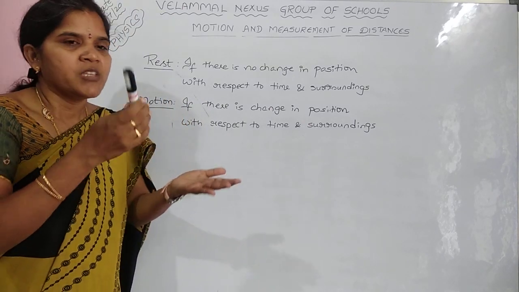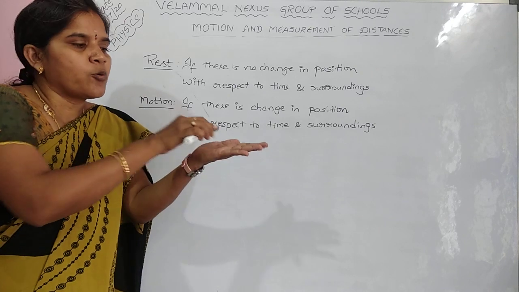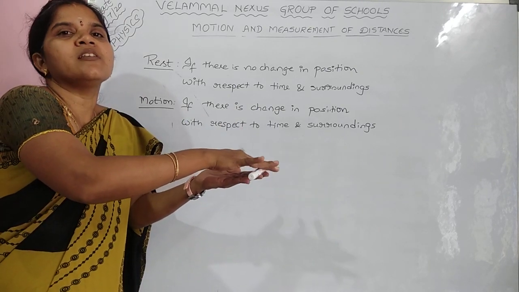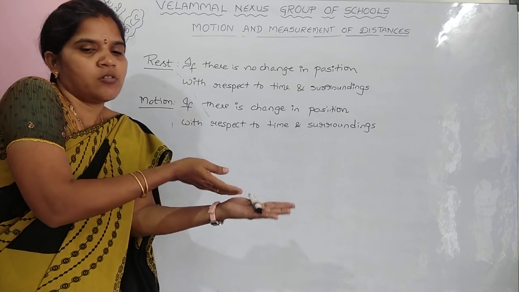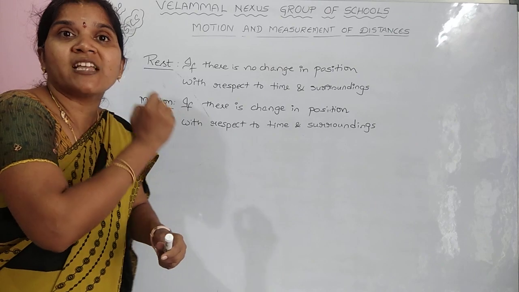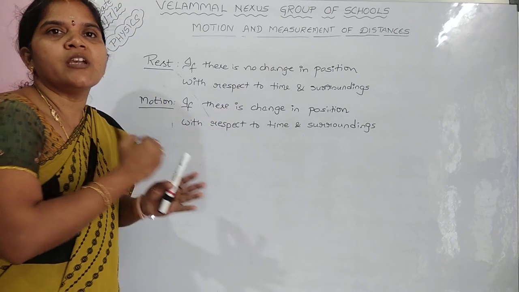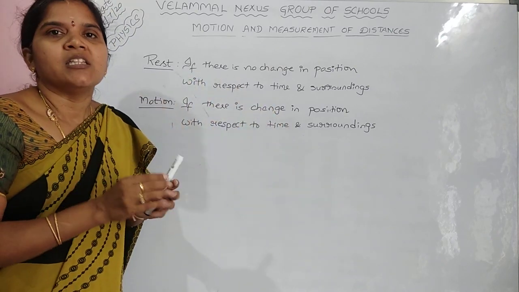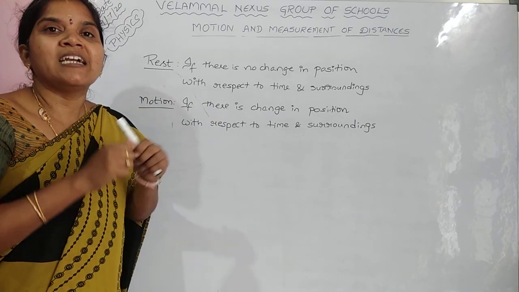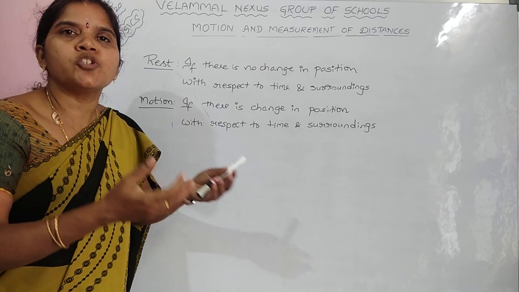For example, if I roll this on my hand, the body is in motion. If I roll the object on my hand, the body is said to be in motion. The teacher moving while explaining in the class, or a car moving on a road, is said to be in motion. A girl riding a bicycle is said to be in motion.